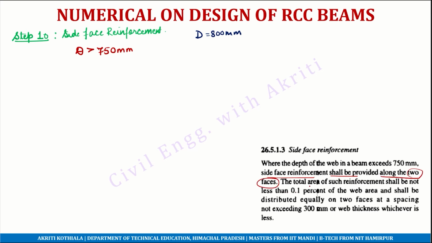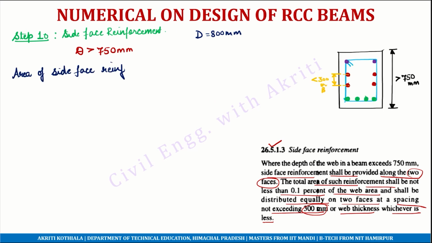The total area of this reinforcement shall not be less than 0.1% of the web area and shall be equally distributed on the two faces at a spacing not exceeding 300 mm or web thickness, whichever is less. So according to this clause, we will have to provide side face reinforcement. So let's proceed.